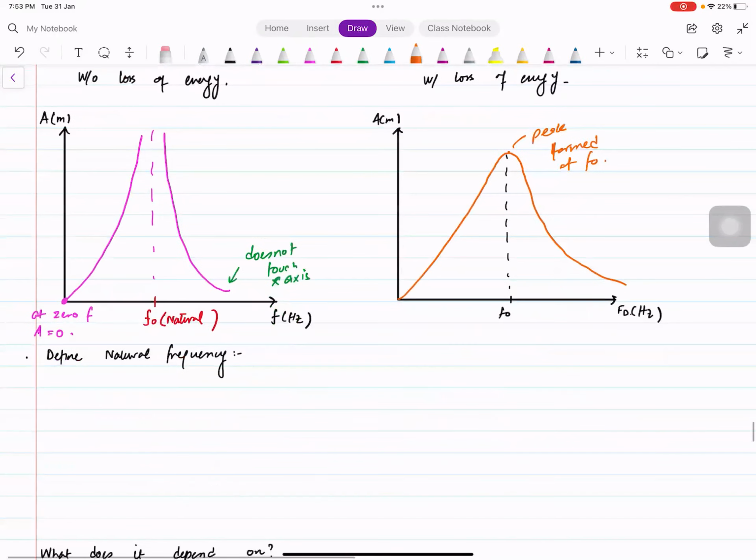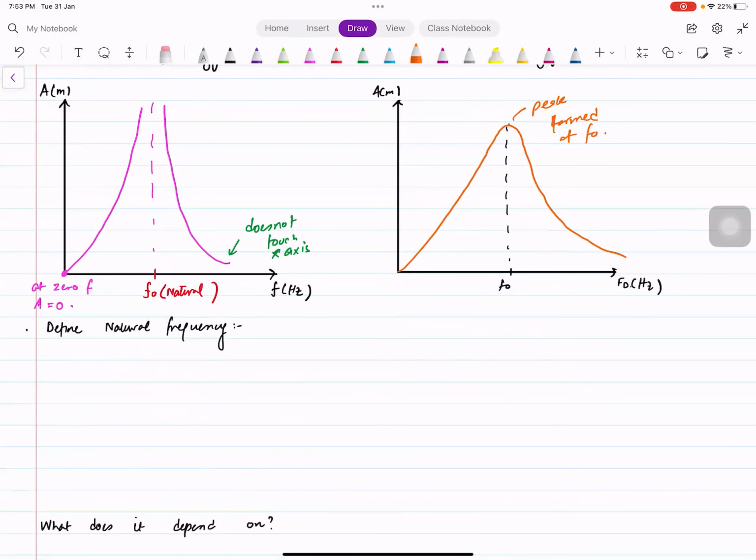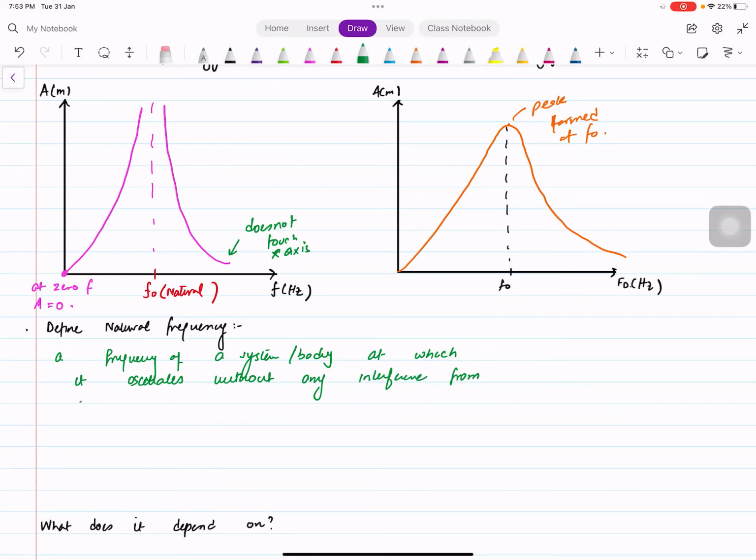All right. Now, what exactly is a natural frequency? Natural frequency is basically the frequency of a system. You can write a system or a body at which it oscillates without any interference from external forces.